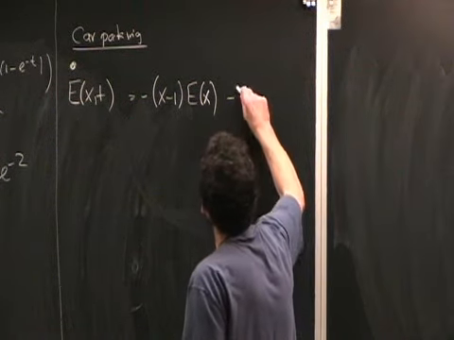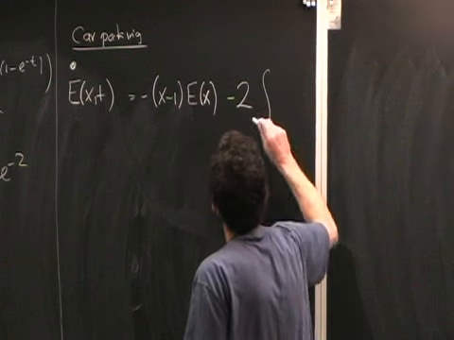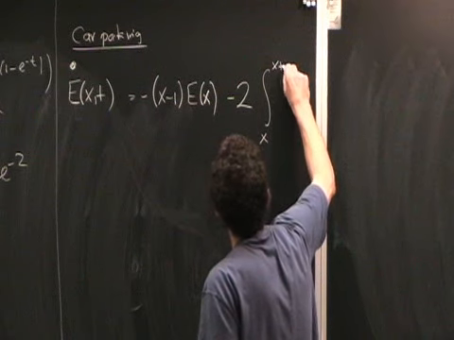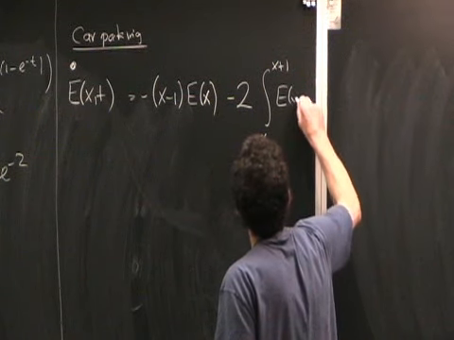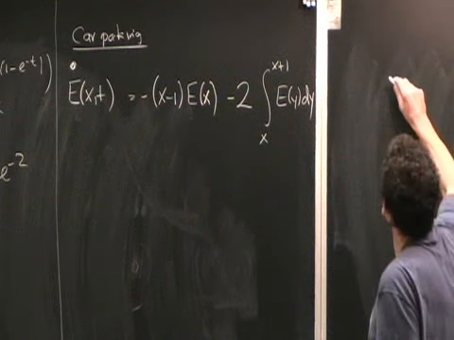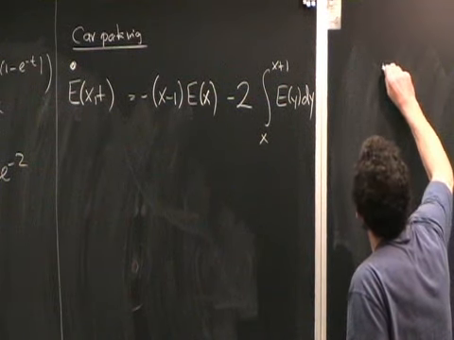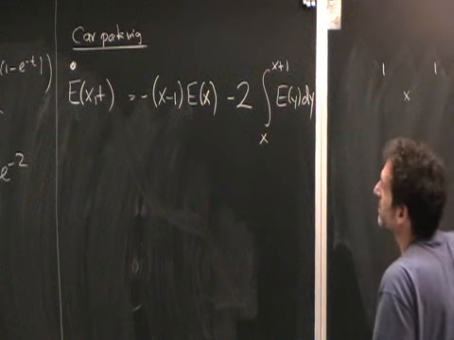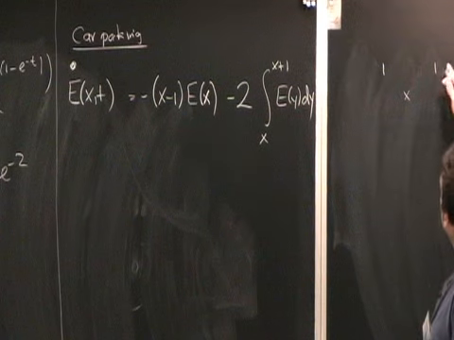What it is in this case is going to be twice the integral from x to x plus 1 of E(y) dy. So pictorially, what is the second term? I have my interval of length x, but what is outside is unspecified.